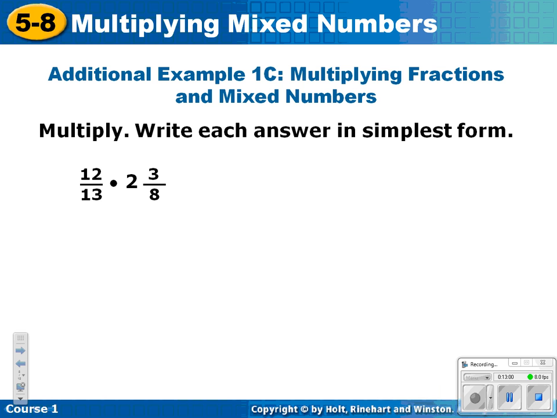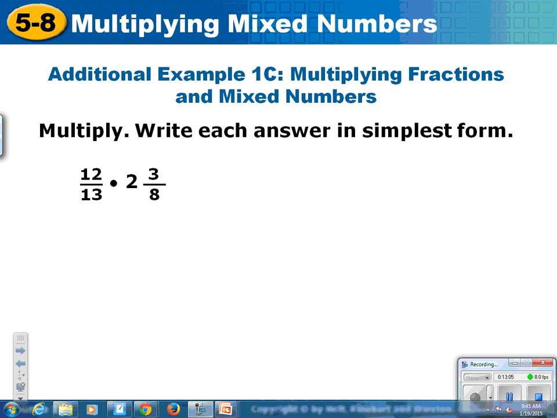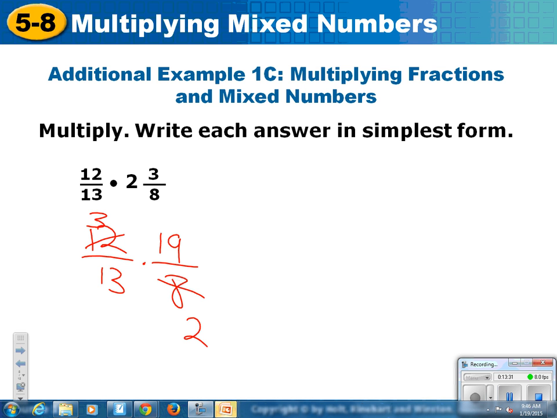Yes, it is. Try this one. Step number 1, get these into an improper fraction. So we'll have 12 over 13 times 19 over 8. Look for greatest common factor. This will become a 2. This will become a 3 because we're dividing by 4. Was that 27?